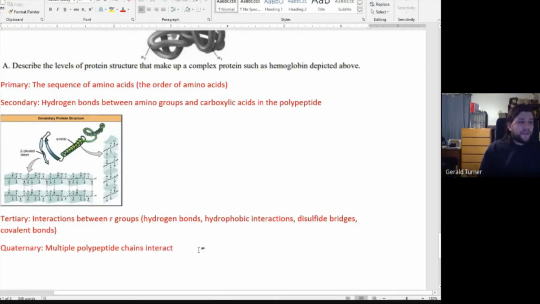And then for part C on this one, I'm actually going to skip part B. Part B is not all that helpful for our purposes. But for part C, this is more along the lines of the kind of thing that they'll probably be putting on the exam for you.